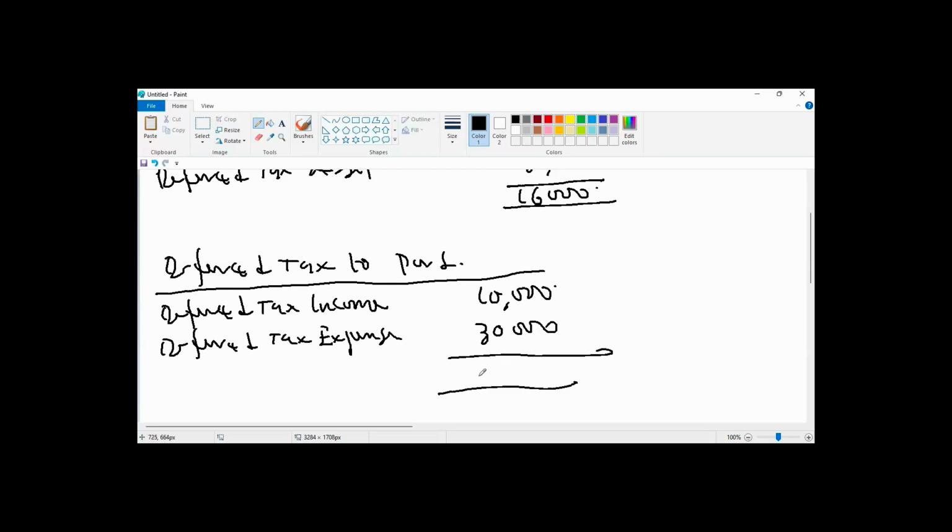How much will go to the P or L? 20,000. This is how much will go to the P or L. What will now be at the end?